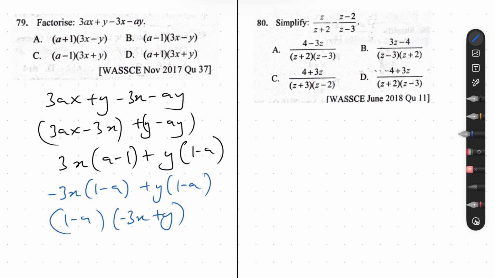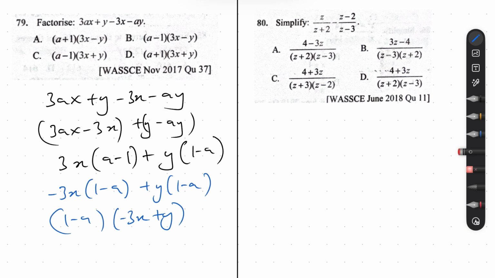Now, when we look here, we see that this answer is not in the options. Do you have 1 minus a there? No, we don't. But you have a minus 1. So what that means is, we can factor negative 1 out from here, and then that negative 1 instead multiplies this.